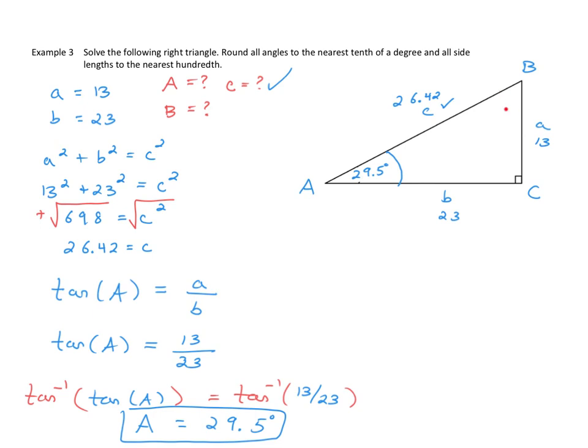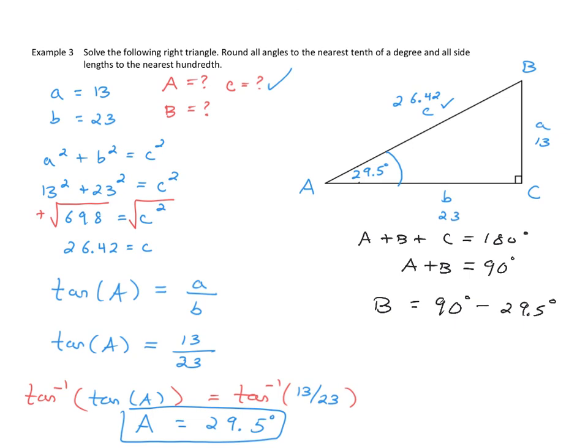What is the measure of angle B? Here, I'm going to use the fact that if you add up the three angles in this triangle, it has to sum to 180 degrees. And since C itself is 90 degrees, it must be that A plus B also equals 90 degrees. So if you know A, B must be equal to 90 degrees minus what we got for A, which was 29.5 degrees.